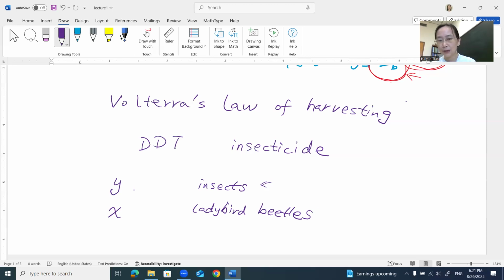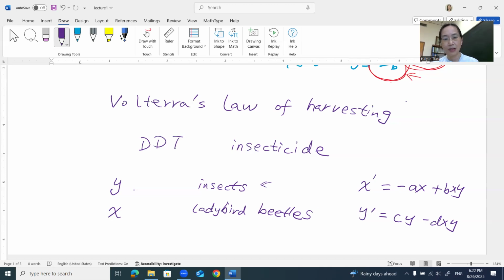And if we use the population model X prime, Y prime, right? So we have differential equations then to model the population change. So with this equation, for example, but when you introduce DDT, that's like a harvesting, right?